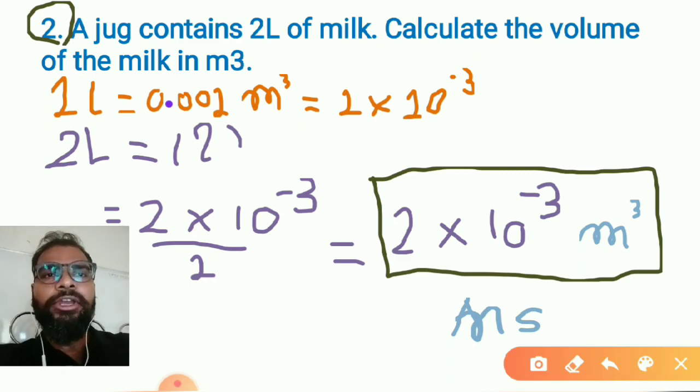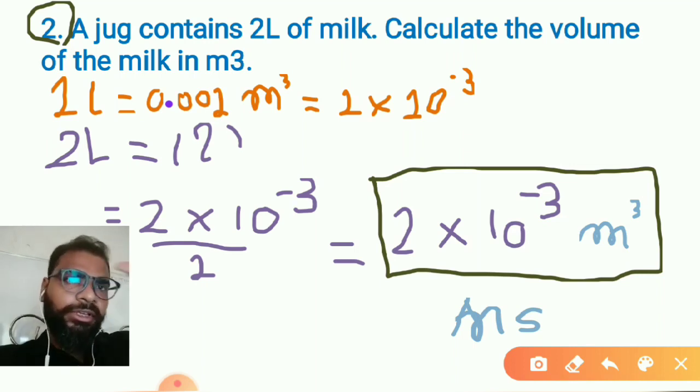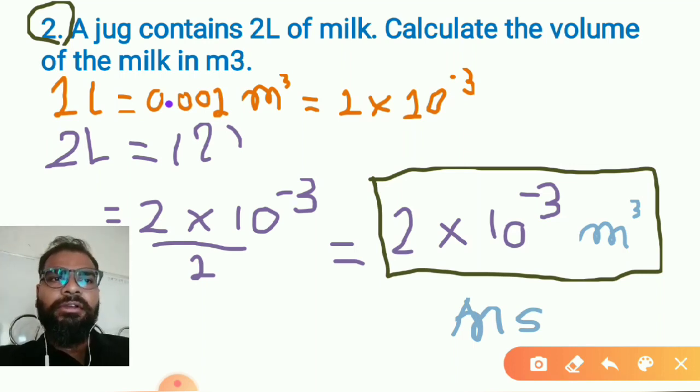So you can also write 1 into 10 raised to minus 3. The point we have removed and kept it in the form of power. So 2 liter would be the question mark. We multiply, cross multiplication, 2 into 10 raised to minus 3 divided by 1. So you will get the answer, that is 2 into 10 raised to minus 3 meter cube.